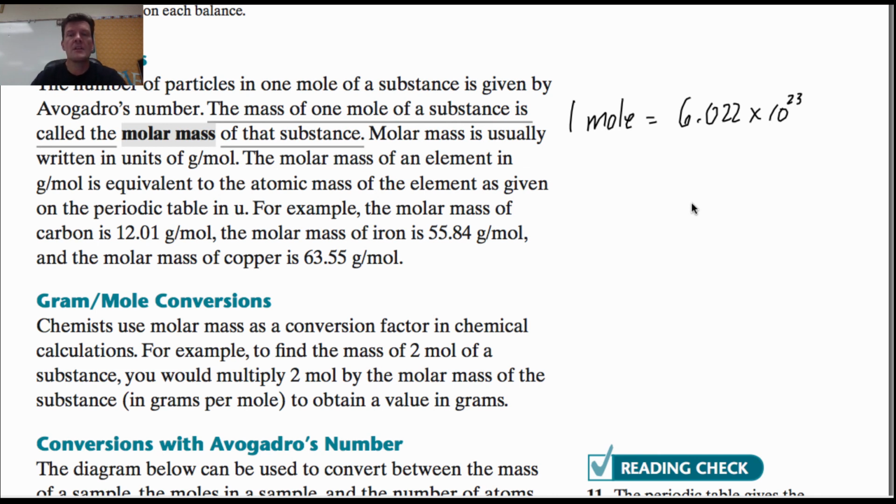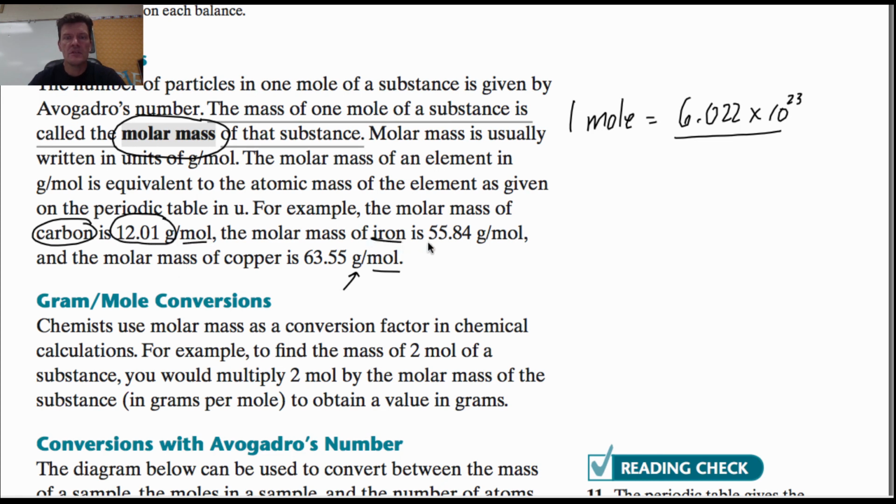Okay? The molar mass is the mass in grams of 1 mole of whatever substance you were talking about. So, for example, carbon. If you had 6.022 times 10 to the 23rd carbon atoms, they would have a mass of 12.01 grams for 1 mole.